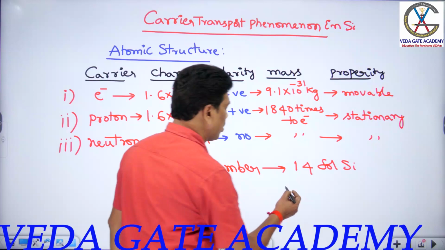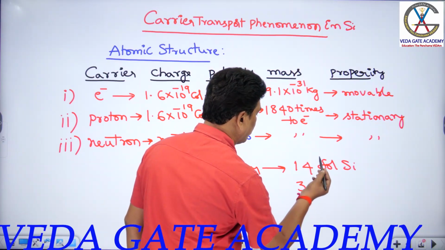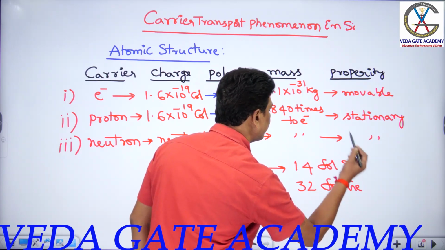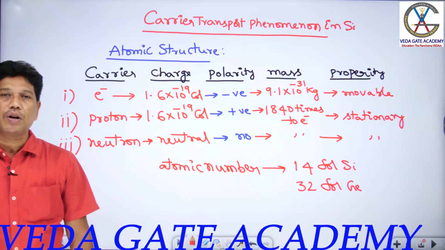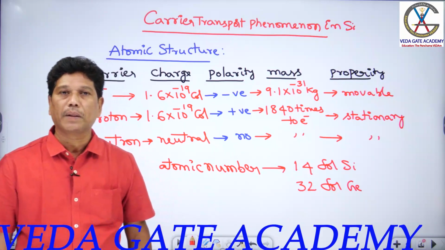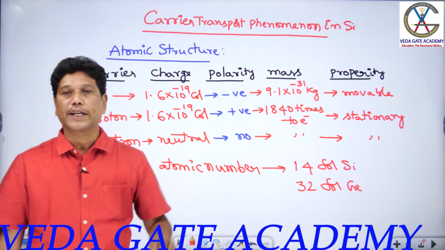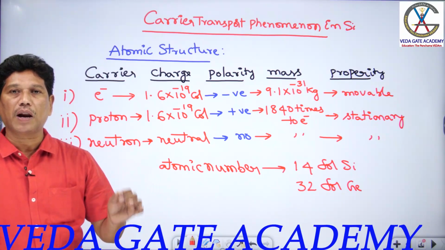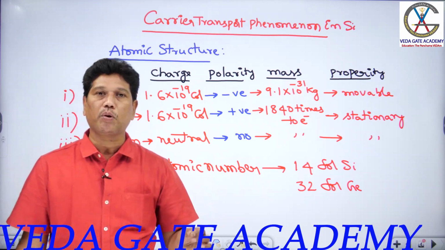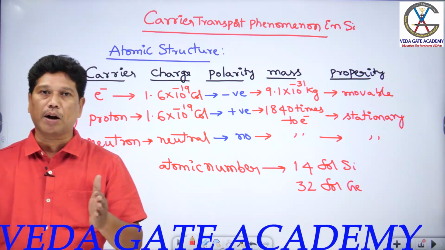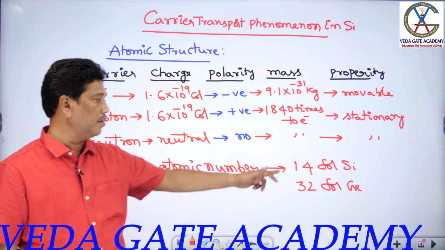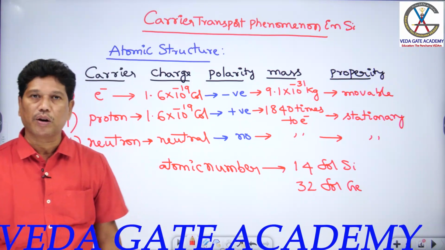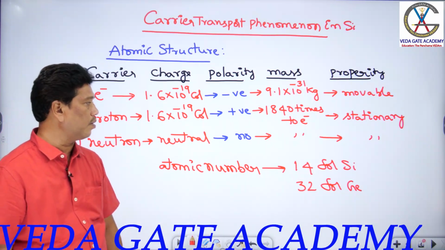For one more semiconductor, germanium, the atomic number is 32, so it has 32 electrons and 32 protons. In any normal atom, the number of electrons and protons would be the same. That is known by the atomic number: 14 for silicon and 32 for germanium. Remember this.